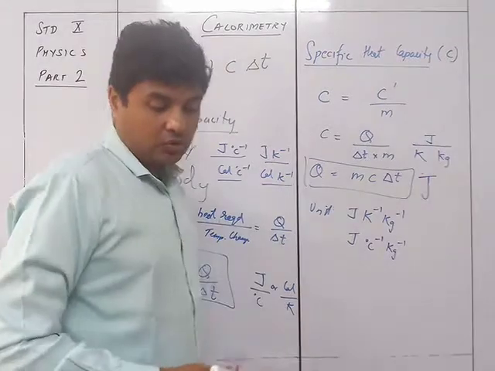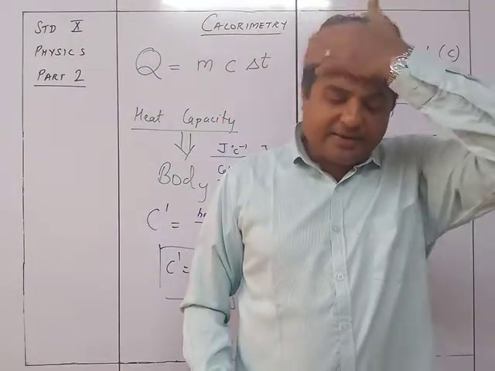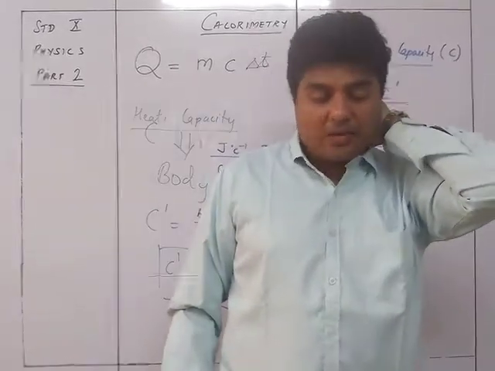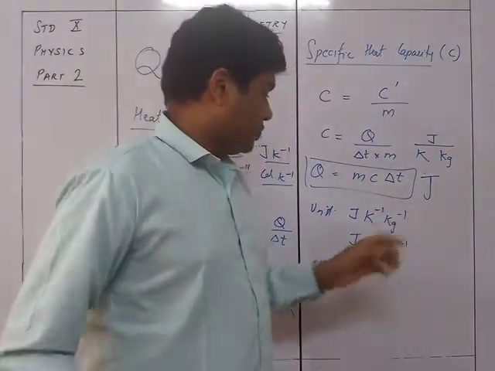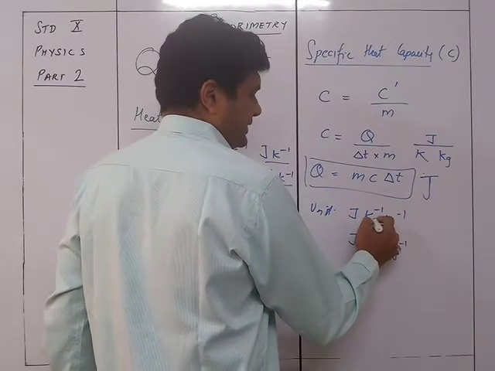So, we have it as the unit of specific heat capacity is Joule per kilogram per Kelvin. We have taken kg earlier, so it will be one and the same, doesn't matter.